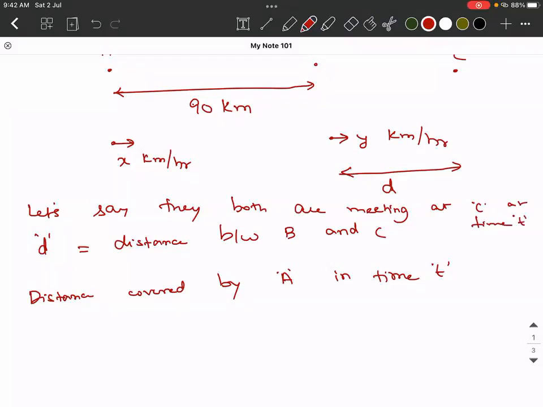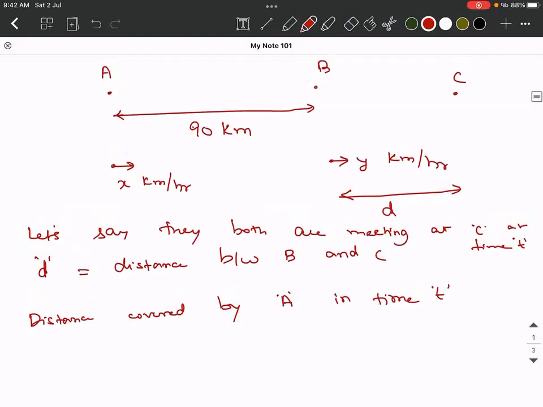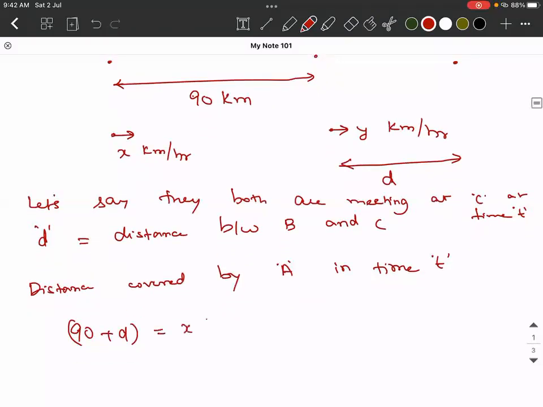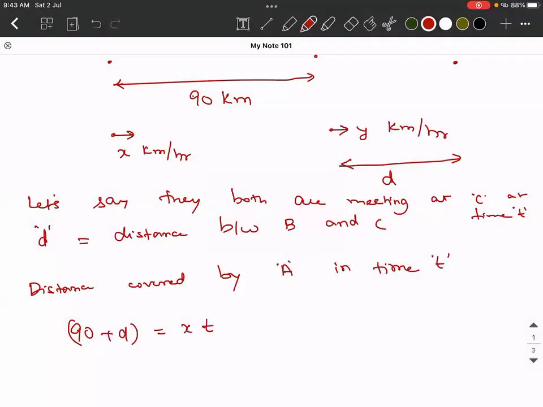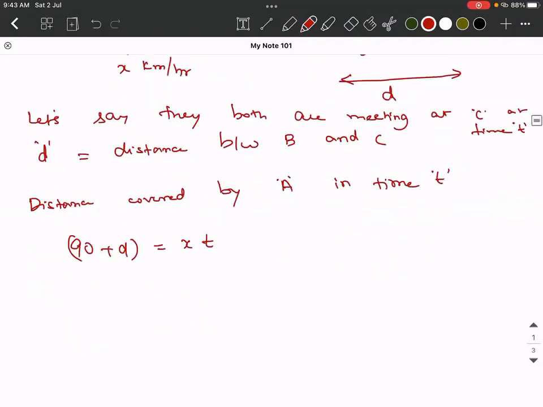So what would have been the distance covered by A in time t? 90 plus d. Distance is equal to speed into time, x into t. Can you move slightly this? Now is it visible? It's blocking you. Okay. You're okay, right? So 90 plus d is equal to x into t. That is equation number 1.